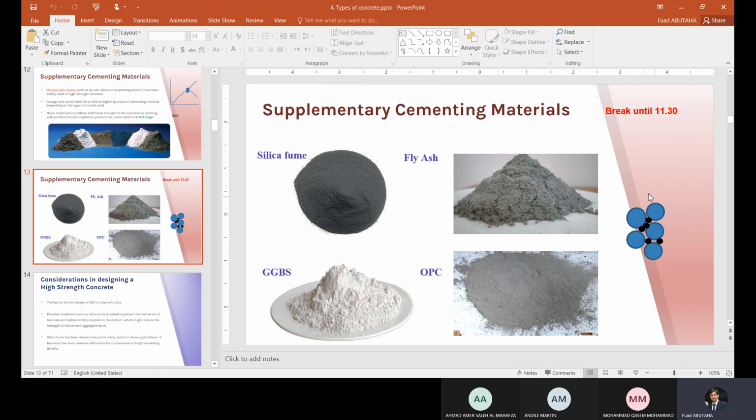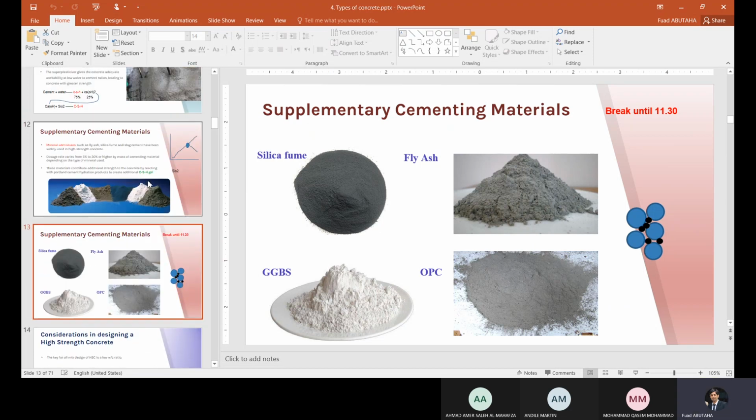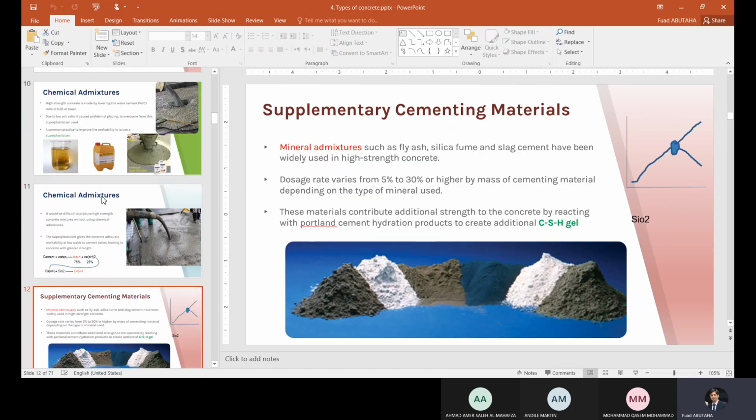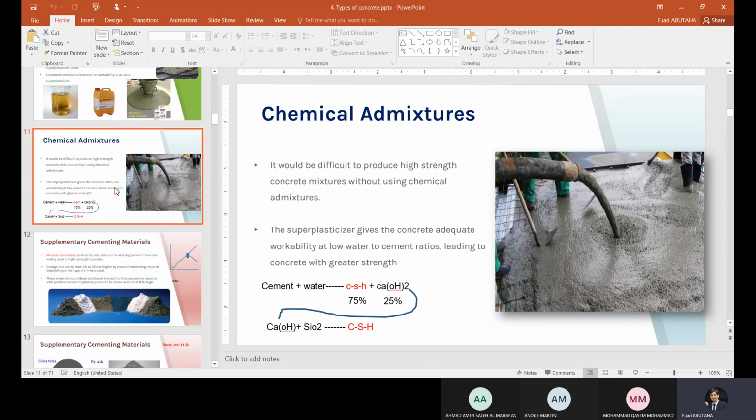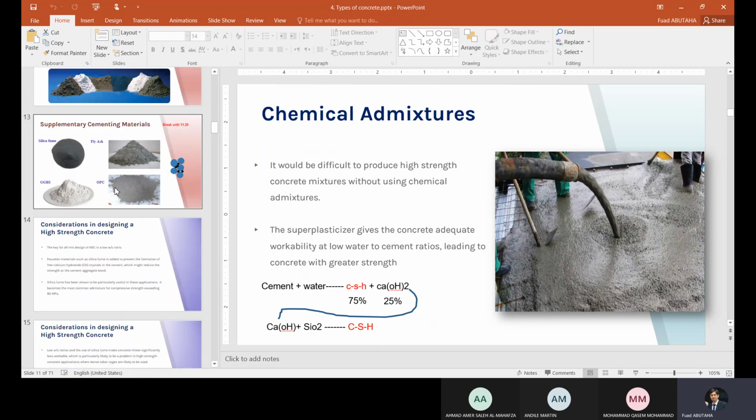The concrete will be more dense, less porous, and the small particles will fit into the small spaces and also minimize the voids inside the concrete. So this will also contribute to the strength of the concrete, in addition to consuming the calcium hydroxide resulting from the hydration.